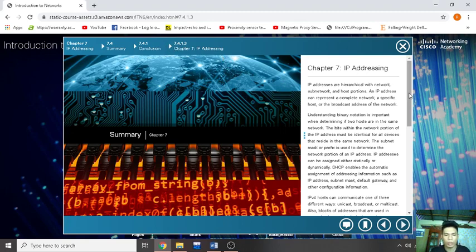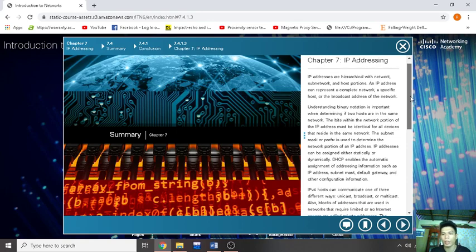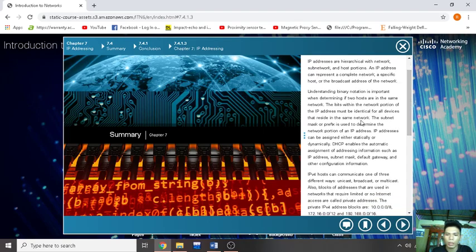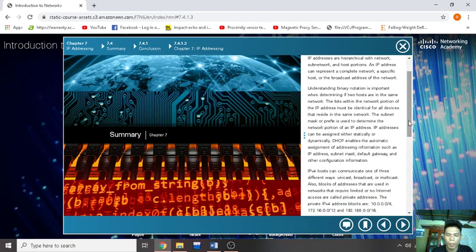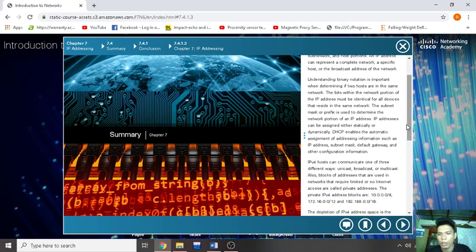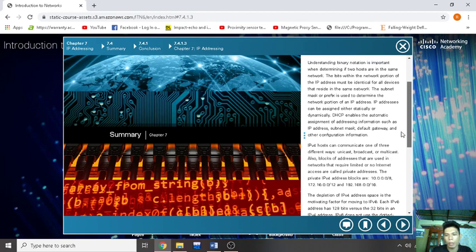We have the chapter 7 summary. IP addressing in a hierarchical network: the subnet and host portions of an IP address can represent a complete network, a specific host, or a broadcast. The subnet mask or prefix determines the network portion of the IP address. The prefix is the count of all the number ones. Addresses can be assigned either statically or dynamically.